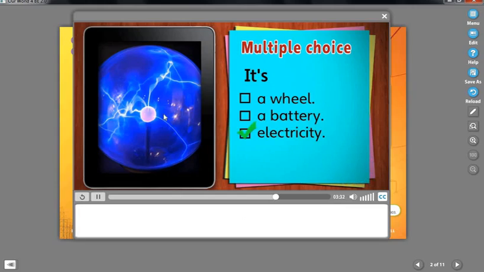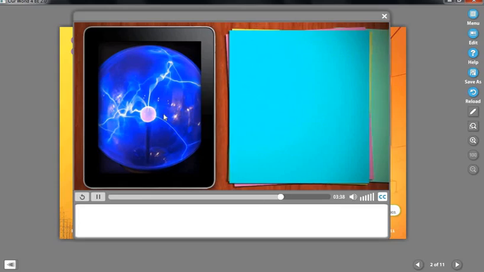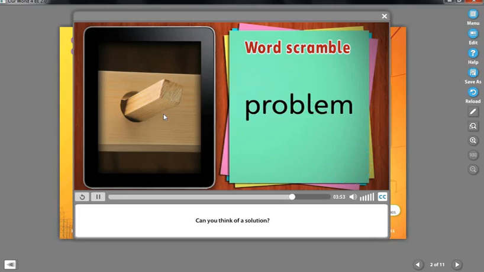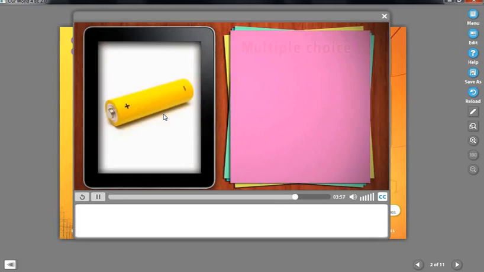Electricity. Are you using electricity now? How? Unscramble this word. Problem. Think of a problem. Can you think of a solution? What can you see?